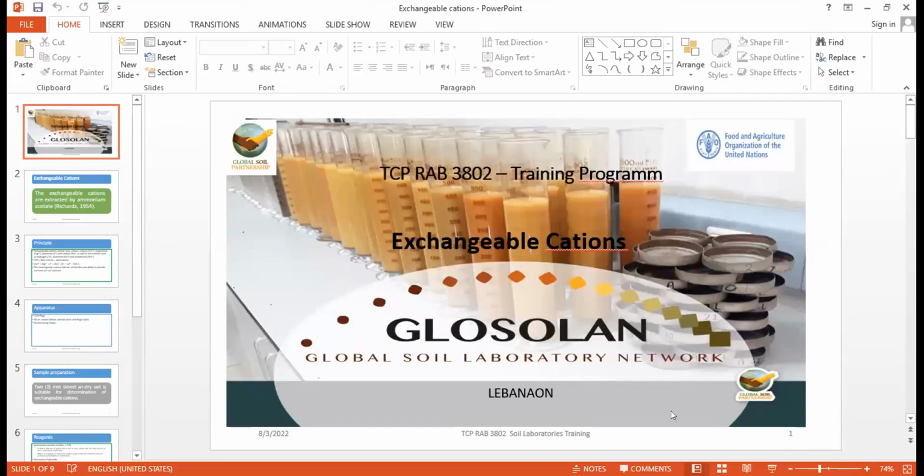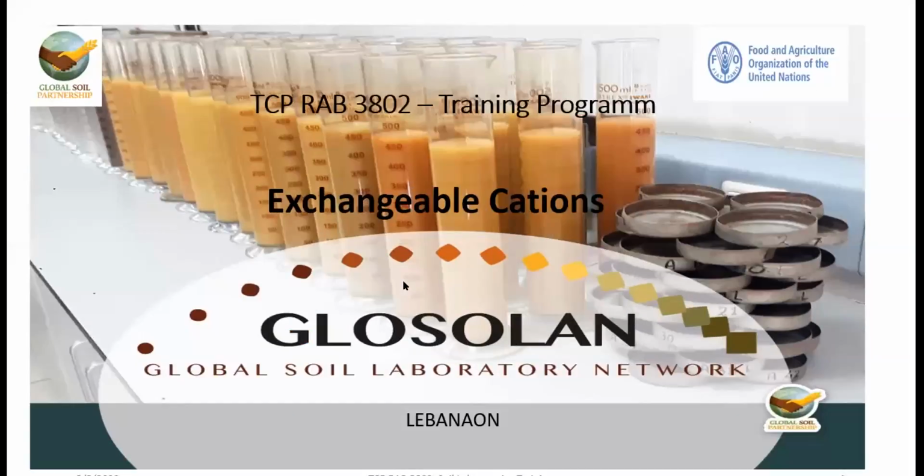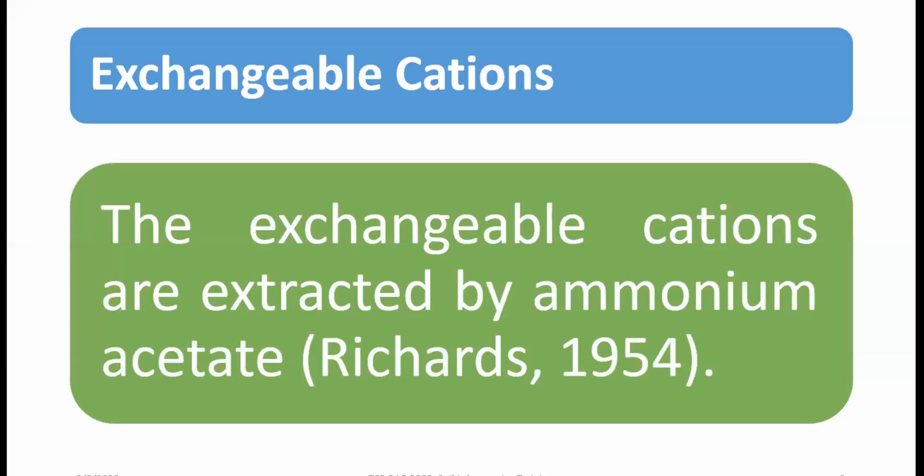So as I said, the next part, exchangeable cations, has a methodology and principle very similar to the cation exchange capacity. Also, as I said, if you determine the exchangeable cations, you can calculate the CEC as well, and this is an alternative method for measuring CEC.